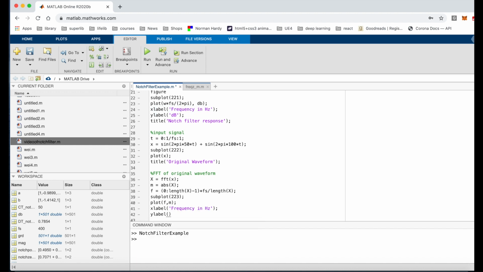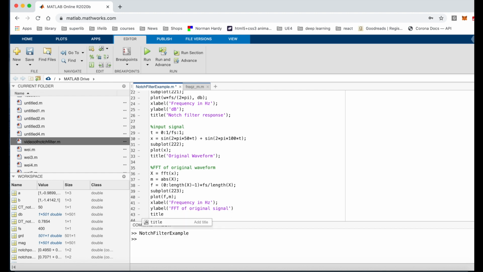Y label will be FFT of original signal. And the title will be spectrum for original. Let's run it to take a look.